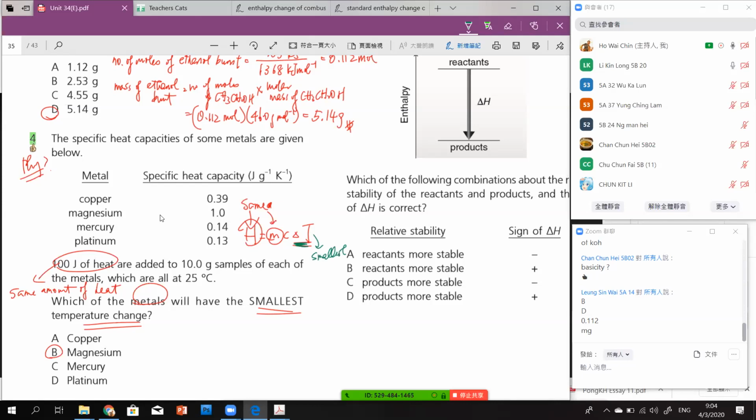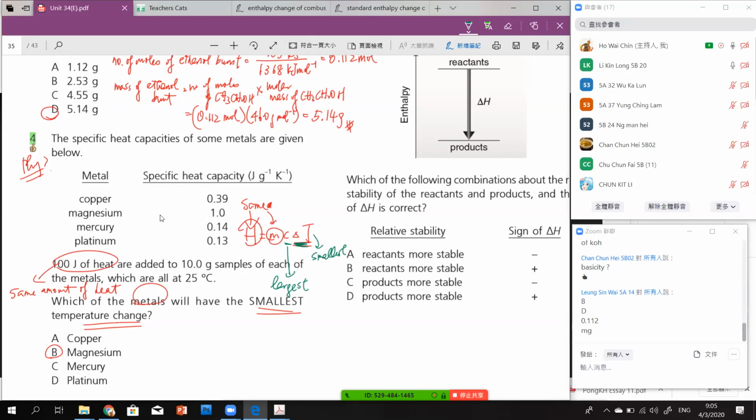So what is the hidden message about C and delta T in this reaction? C and delta T are in inverse proportion. So you are going to find the C which is the largest, such that you can make delta T smallest. Can you get the point?